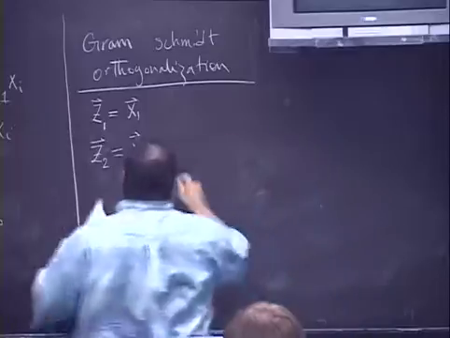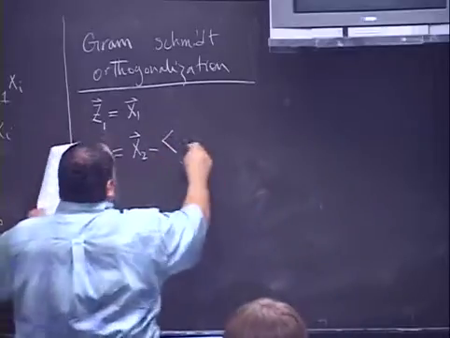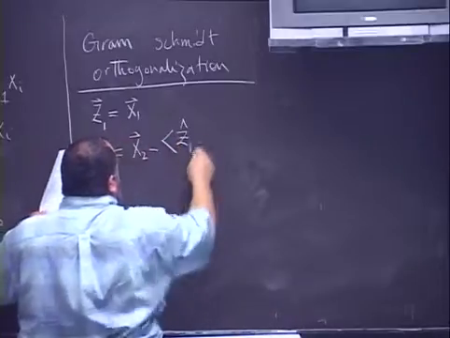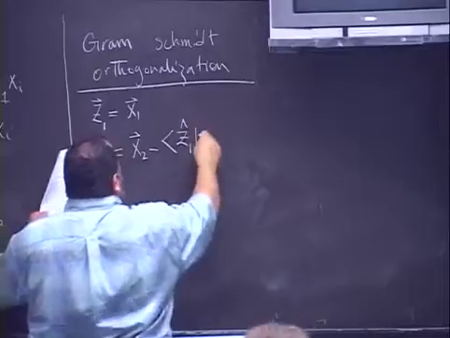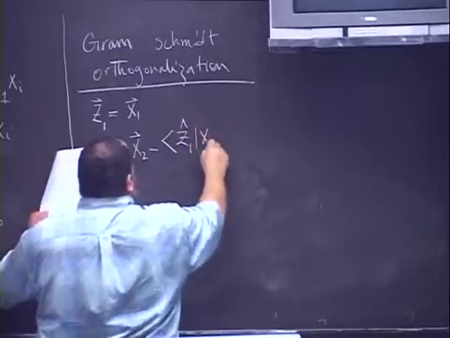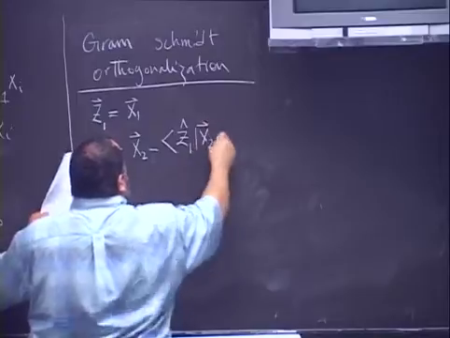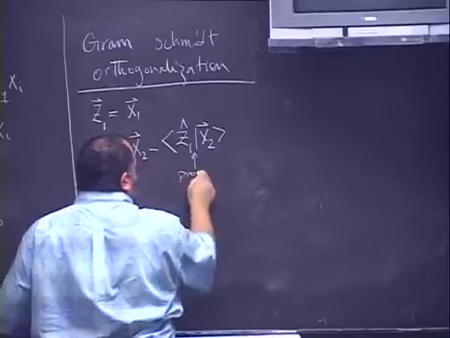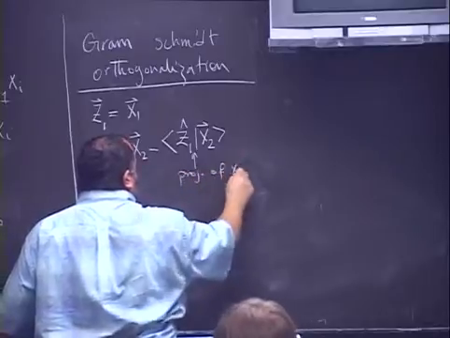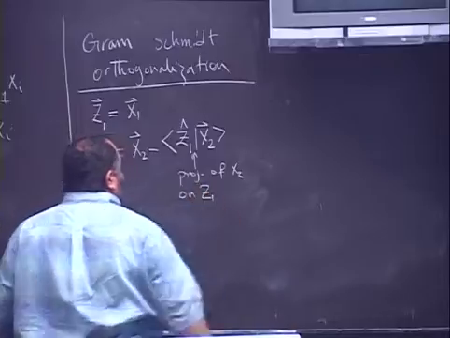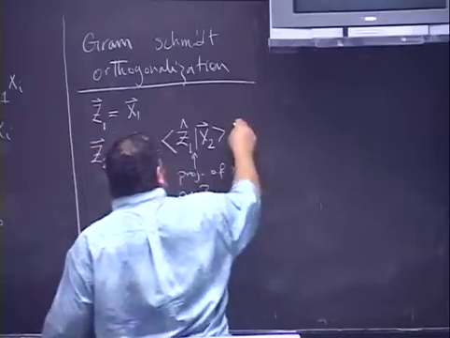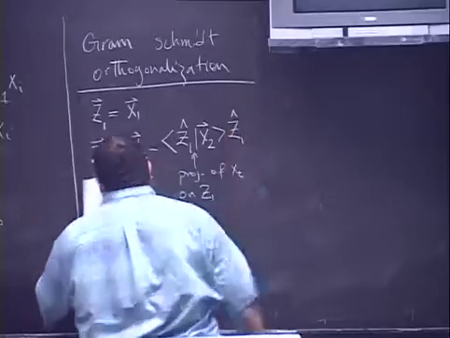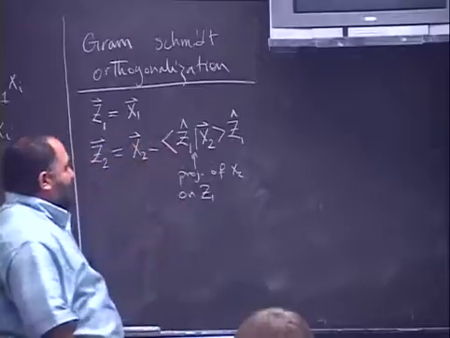So how to do it? I will take a unit vector in the direction of z1, d1, and get the inner product of the vector x2 with this d1. This is the projection of x2 on z1. Then I will multiply this by z1, so this will be a new vector in the direction of z1.